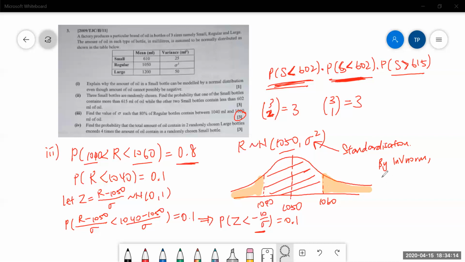Okay, so let's carry on. By inverse norm, you have to use the GC, you have to choose the inverse norm function. So can you choose the inverse norm function for me?